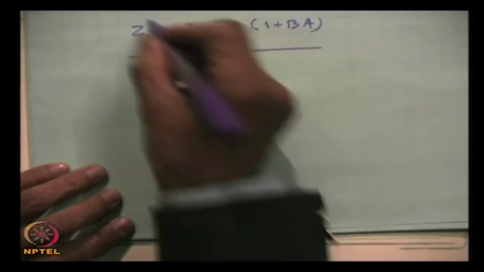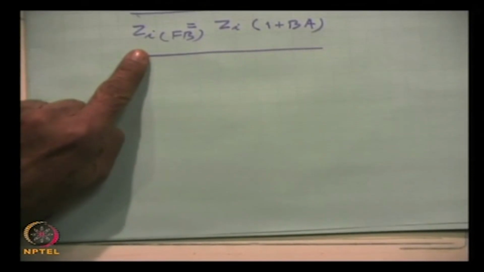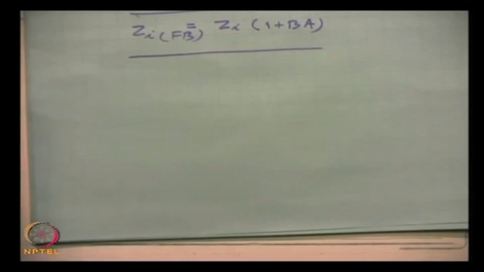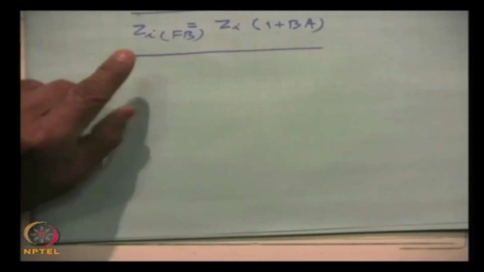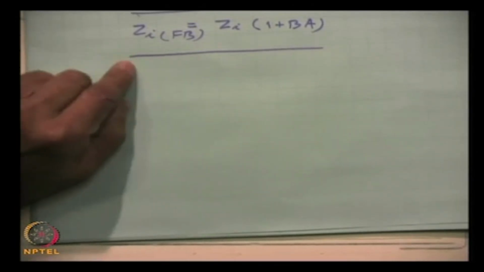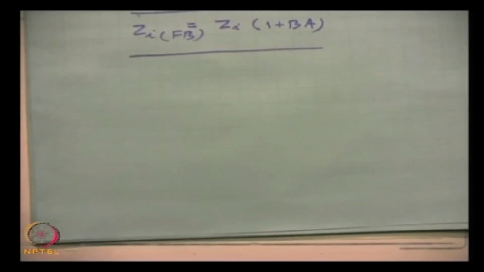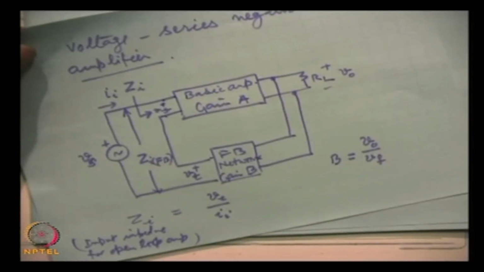This is the relation. We get the relation that how much modification in the input impedance will occur in this voltage series circuit which is under consideration by incorporating feedback. The input impedance becomes high by the factor 1 plus B A, and this is again because this is a series connection at the input, and in those 2K resistances example, the resistance was supposed to increase.